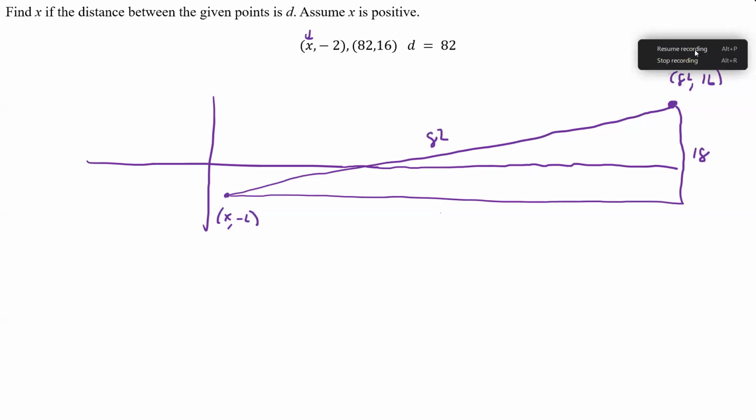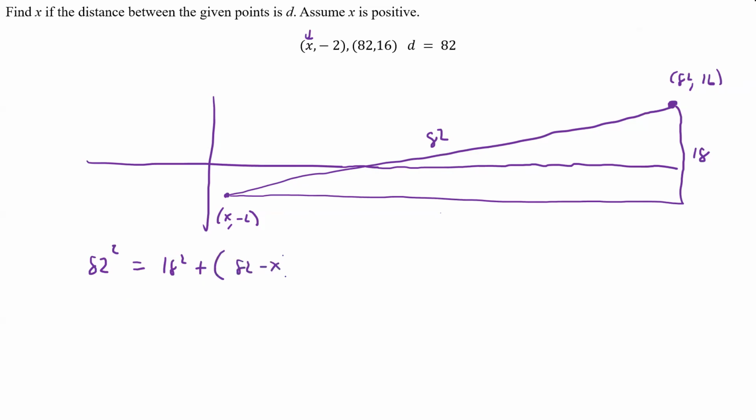So let's write down what we have here. The 82 squared is going to be our c, and that's equal to 18 squared, which is going to be our b maybe, plus 82 minus x squared, which is going to be our a.